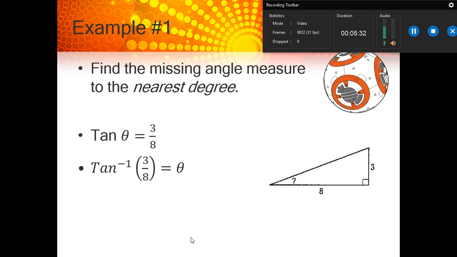So I'm going to have it start with theta. You're going to hit inverse tan. You can do 3 divided by 8. It doesn't have to be a fraction key. If you throw a decimal point on 3 or 8, it will return a decimal answer. Unrounded, the iPad gave me 20.556. The directions say to go to the nearest whole degree, so we're rounding it up to 21 degrees.